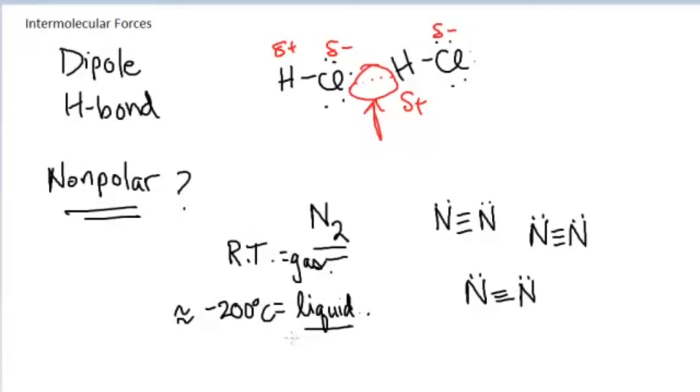Now, we actually can't get cold enough for nitrogen to become a solid, but in the liquid state, we know that the particles are very close together. So what is it about nitrogen that's causing there to be an attraction between the nitrogen molecules that would cause them to want to get close together and be held there loosely in the liquid state? It's not partial positives and partial negatives from a dipole moment, because nitrogen is nonpolar. So what is it about nitrogen that causes it to condense into a liquid?